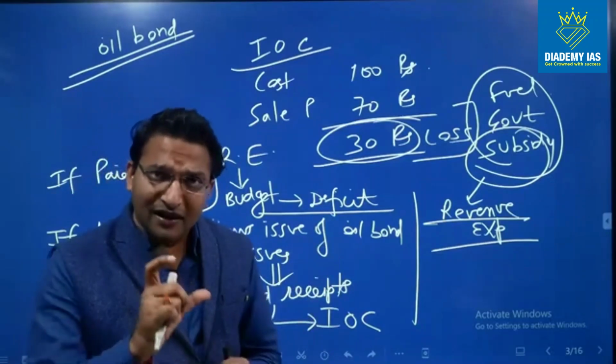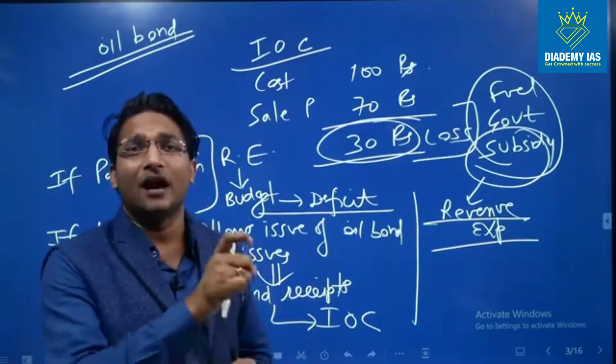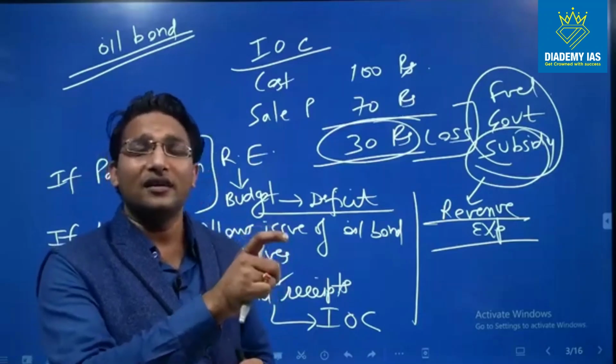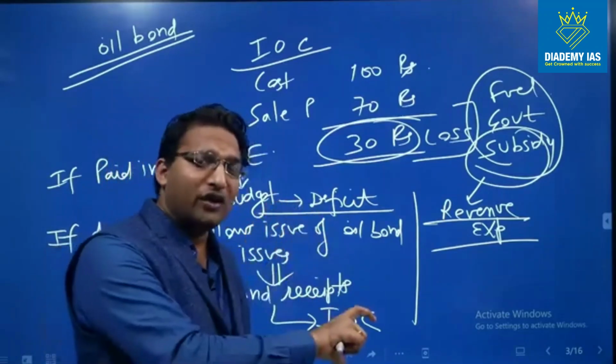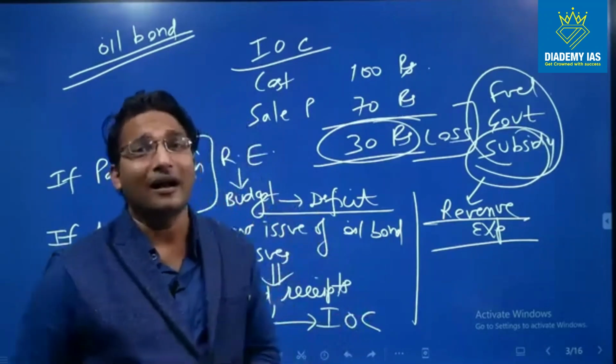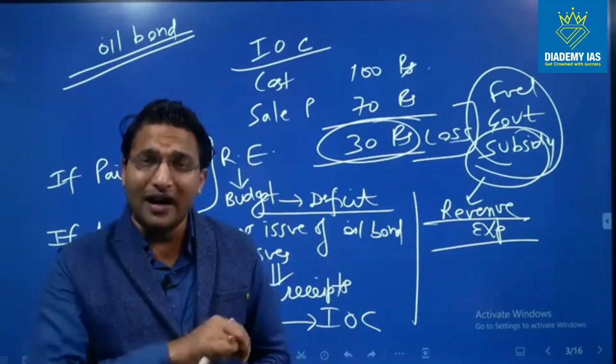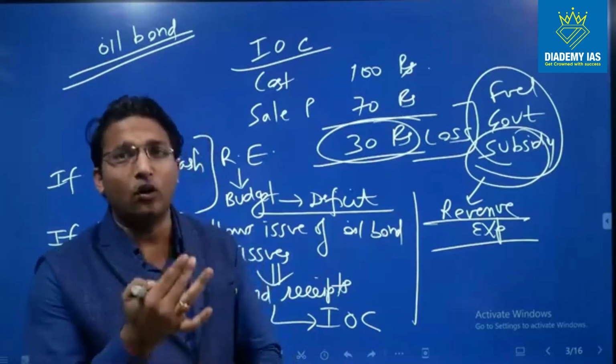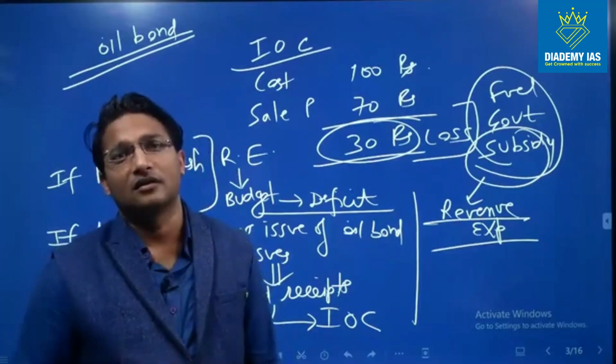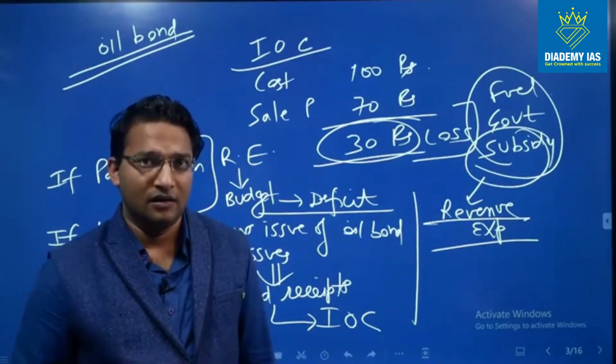So the liability is contingent upon whether the UP government is able to repay the loan in future or not. That is why this is called contingent liability. So in off budget liabilities we can have items like oil bonds and contingent liability.